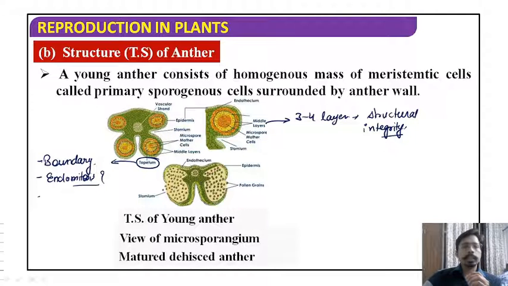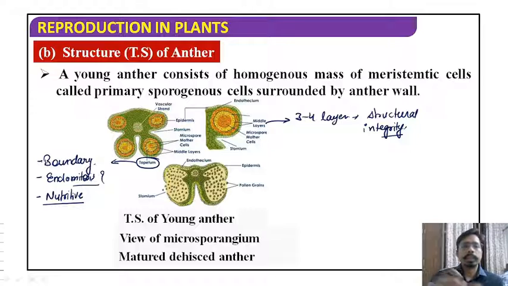The next is a nutritive layer. This is the most important feature of this tapetum. This tapetum provides nutrition to the developing pollen grain. On the basis of providing nutrition, the tapetum can be of two types. It can provide nutrition by its secretion.